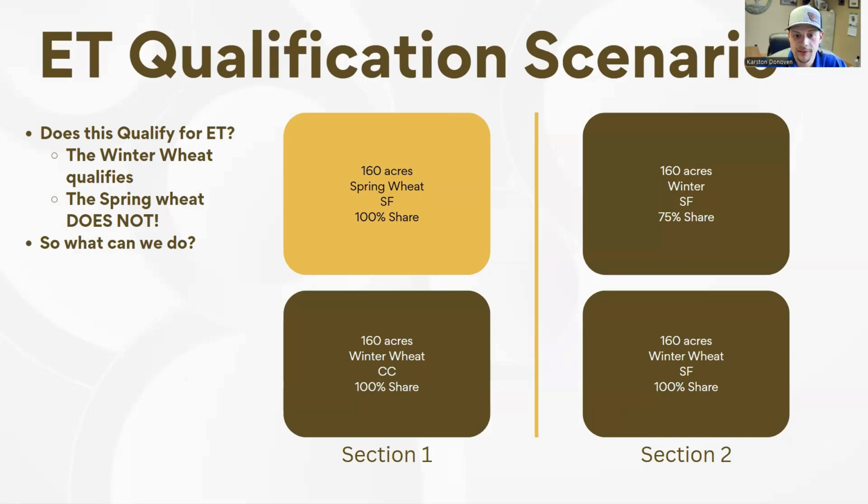So the winter wheat qualifies, but because the spring wheat is only in one section, there's 160 acres, but it's only in one section, the spring wheat does not qualify. So if you elected enterprise by type, and then it comes to the spring acreage reporting date of July 15th, and you realize that, well, I only seeded spring wheat in one section, what does that mean?